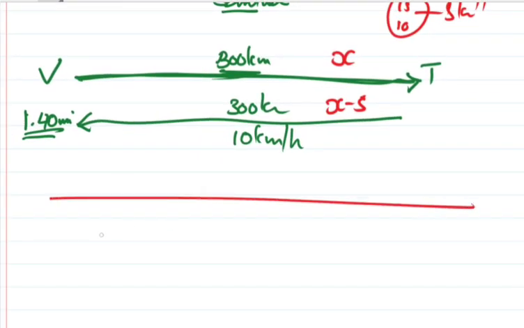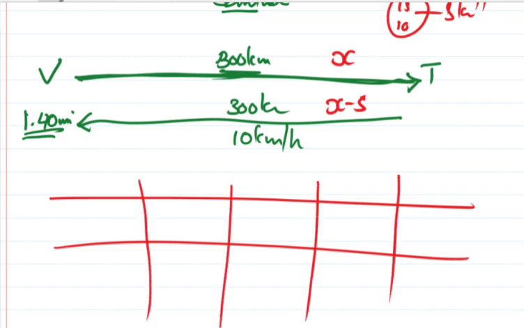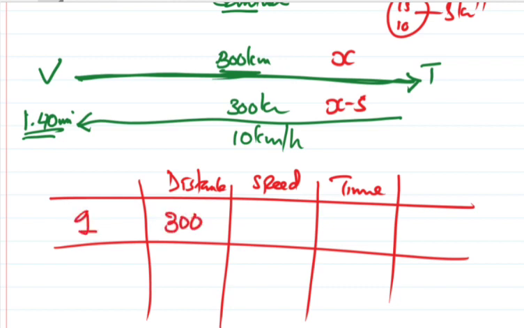Now let's do this. We should have this simple table: the distance, the speed, the time. The distance covered in the first journey is 300, and on the way back in the second journey it is the same 300 kilometers.